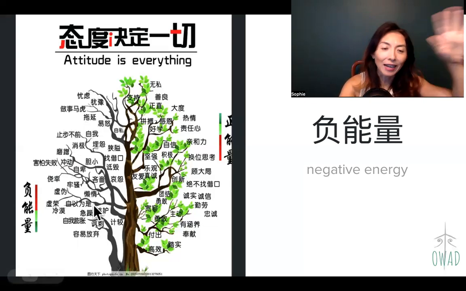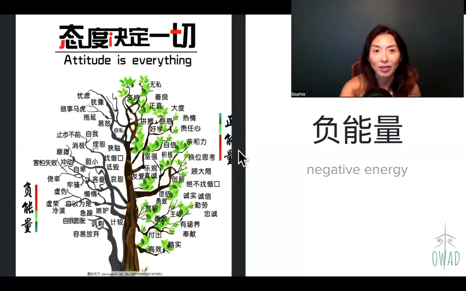So you get it, right? That's grouped as negative energy. And there we go. 负能量.